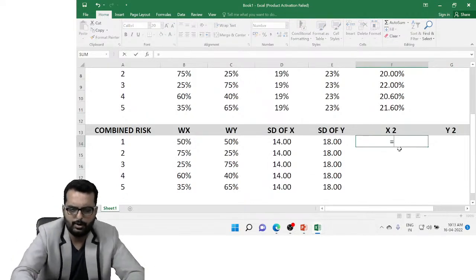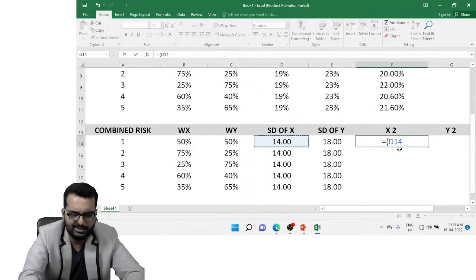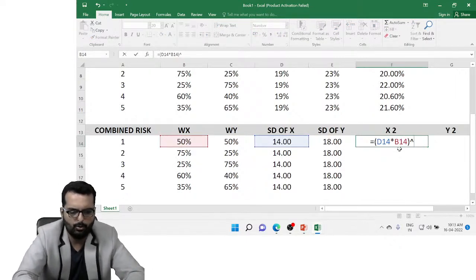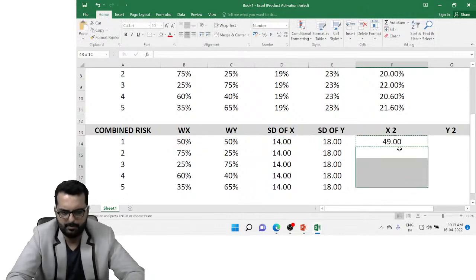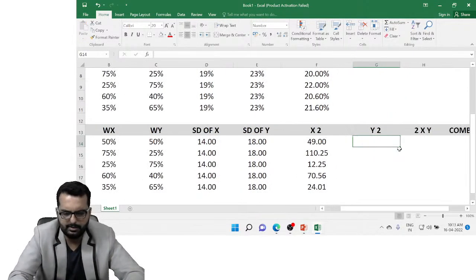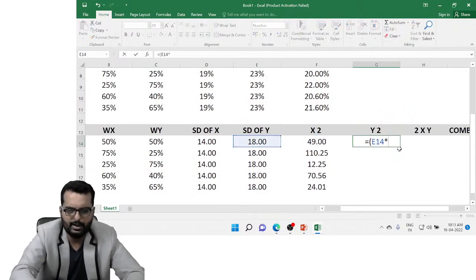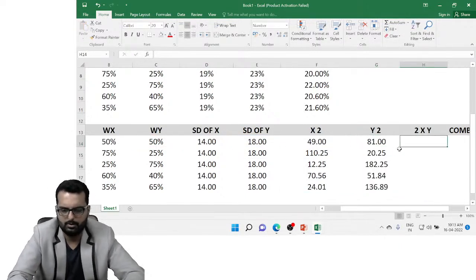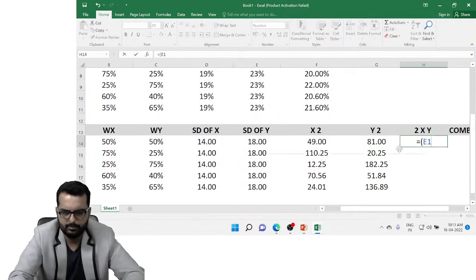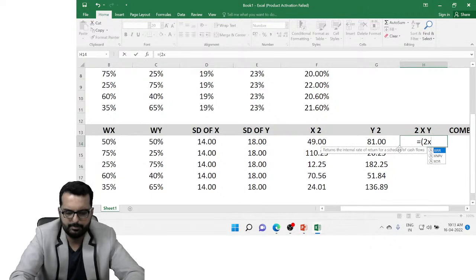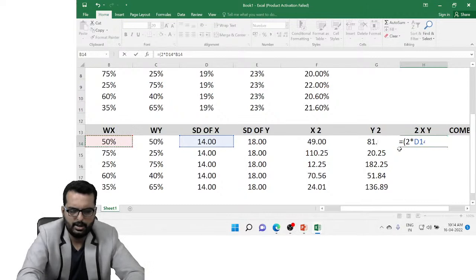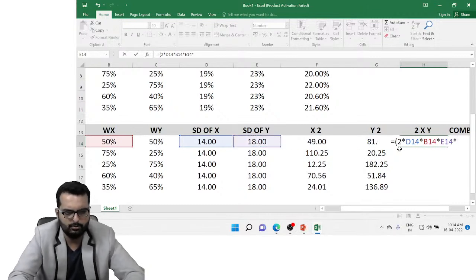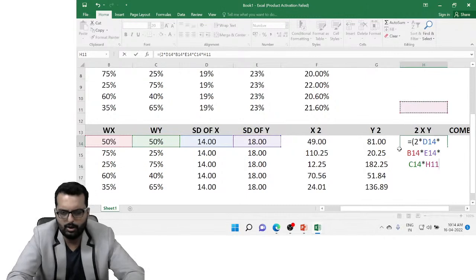Okay. So the formula would again be standard deviation of X into weight of X the whole square. This whole thing will come like that. This one would be standard deviation of Y into weight of Y the whole square. Okay, here it will be 2 into standard deviation of X into weight of X into standard deviation of Y into weight of Y into correlation of XY.